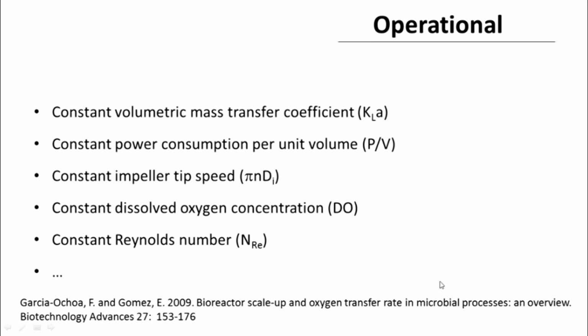This says that in the industry, typically the scale-up is done on a KLa basis 30% of the time, on a constant power consumption per unit volume basis 30% of the time, constant impeller tip speed 20% of the time, constant DO value 20% of the time. Okay, that is typically the chosen parameters for scale up in the industry.